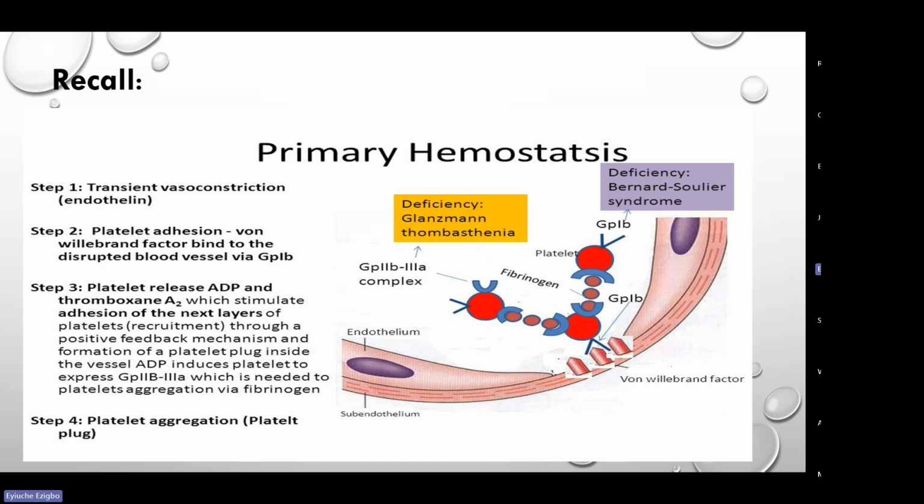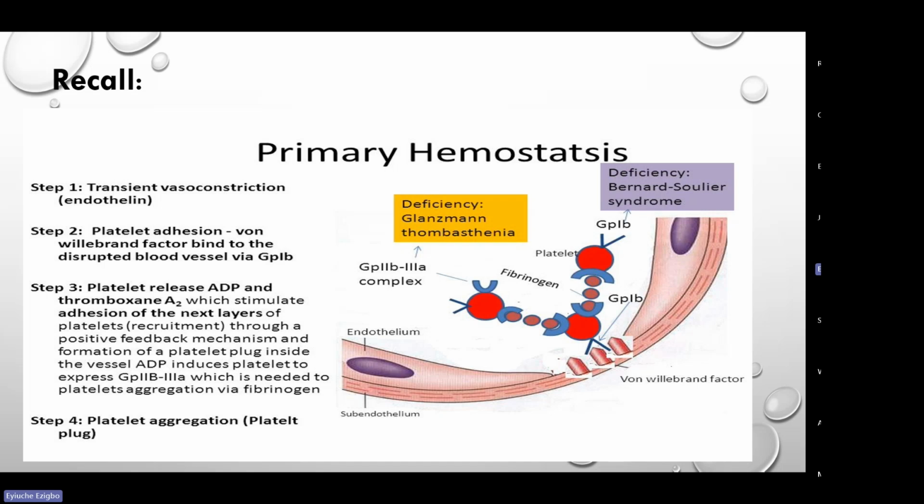These are deficiency disorders of primary hemostasis because they affect the processes involved in primary hemostasis.